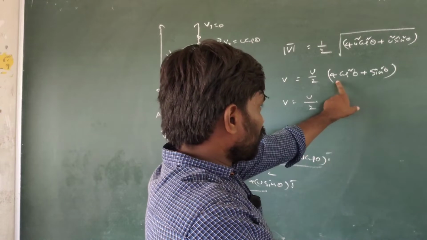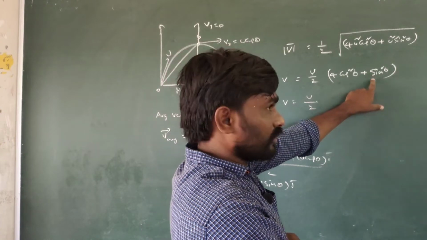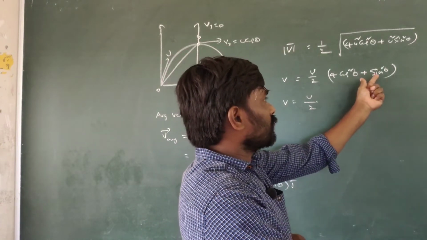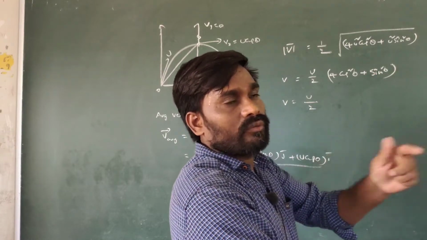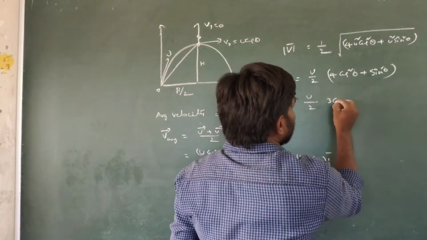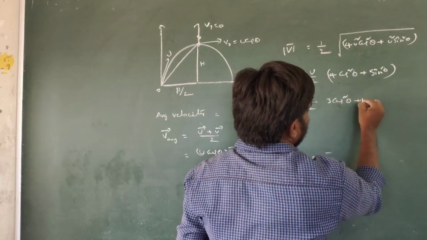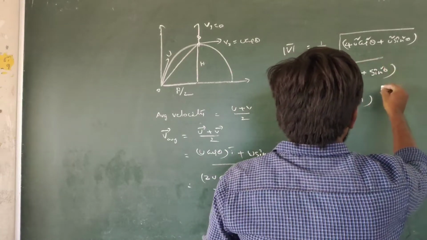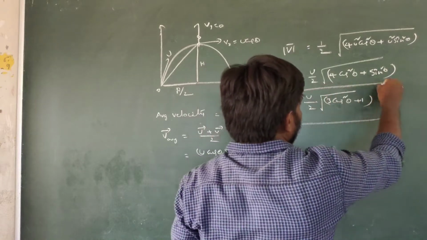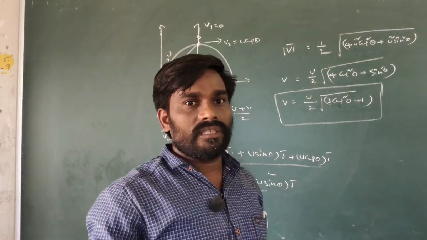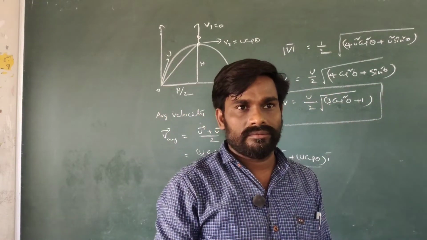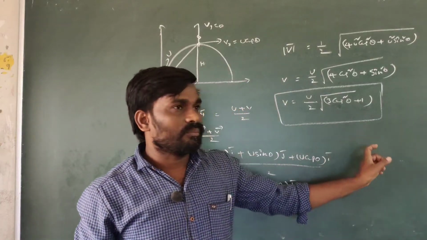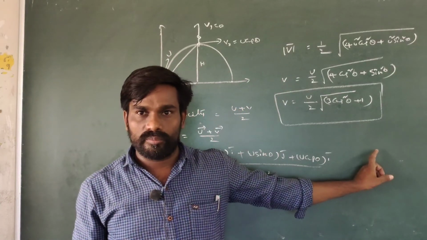That's why in 4 cos square theta plus sin square theta, taking one cos square theta out, cos square theta plus sin square theta equals 1. Then we get 3 cos square theta plus 1, square root of. So v is equal to u by 2 into the square root of 3 cos square theta plus 1. This is the average velocity of the body after reaching the maximum height. This is a very important problem on oblique projectile motion.